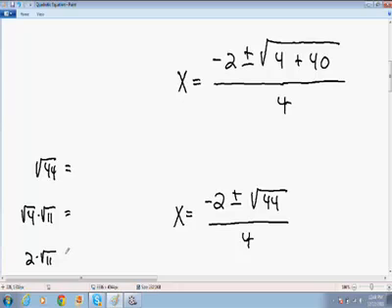So the square root of 44 can be simplified as 2 times the square root of 11. If you don't know how to simplify square roots, I have a video about that which I highly suggest you watch. I don't want to spend too much time on it because I'm trying to teach the quadratic formula. But you always want to simplify as much as possible.